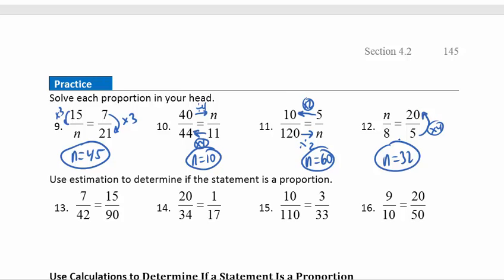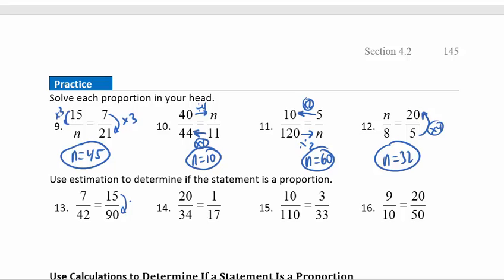All right, 13. Now we're going to determine if this statement is a proportion or not. So let's see. The relationship, there's not a good one going across here, but top to bottom here, 15. That's 4 15s, I think, takes to get 90.